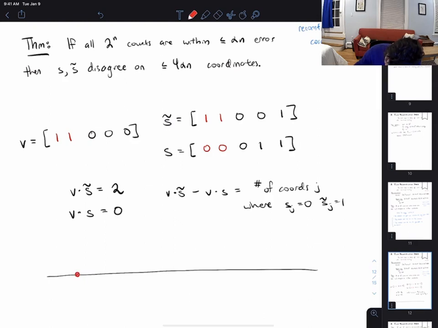So here's v dot S, and here's v dot S tilde. So here's the answer to this query for the two secrets. And they're very far apart.